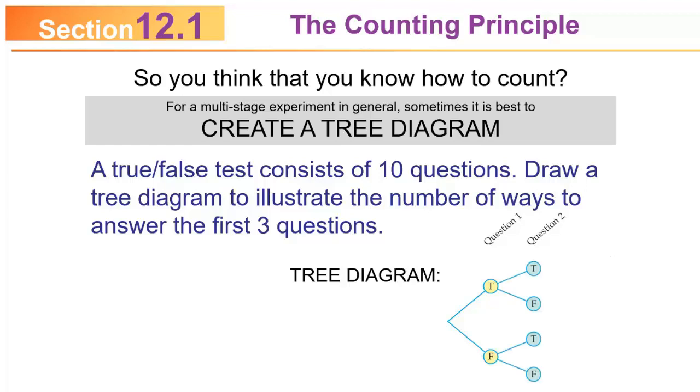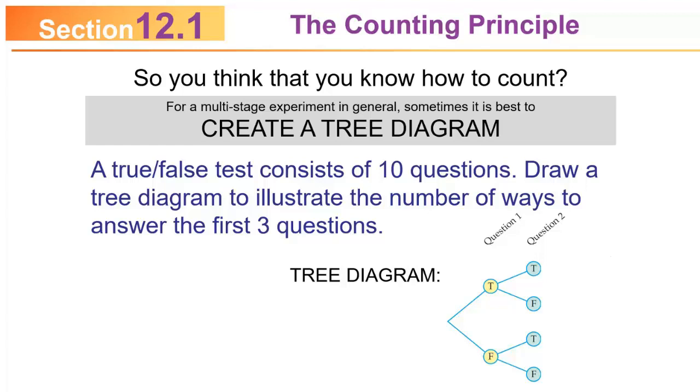For question 2, though, if I've answered question 1 as being true, then the second question can either be true or false. And if I've answered the first question as being false, the second question can be either true or false. So you can see that the tree is branching. Those line segments are like the branches of the tree.